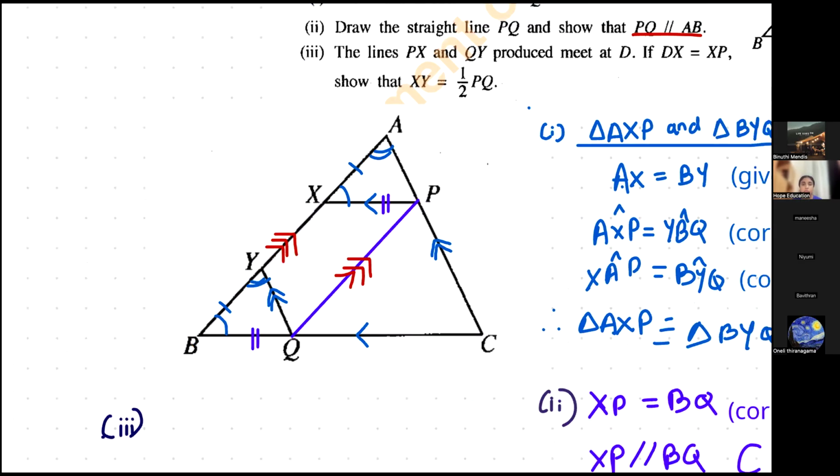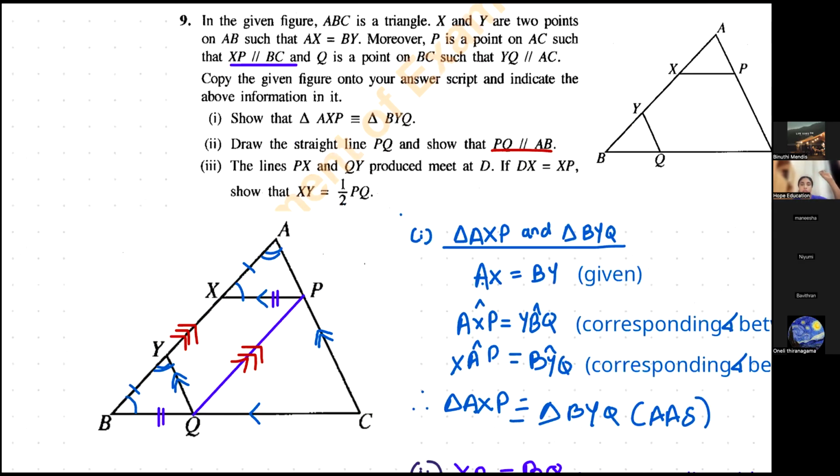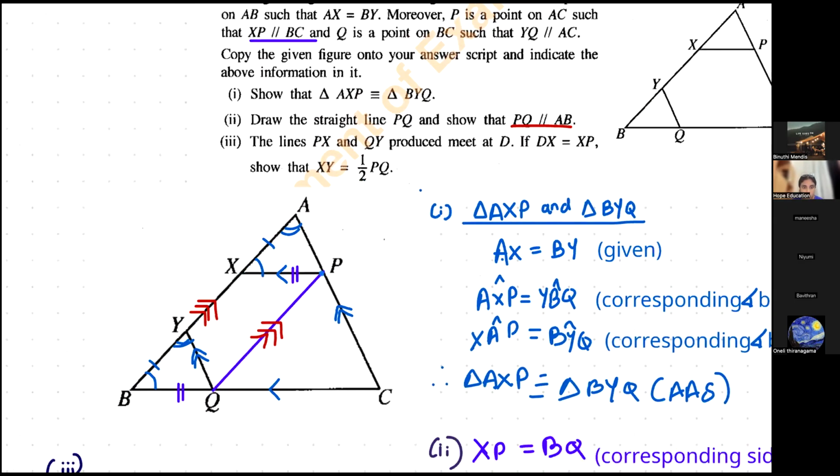PX and QY produced meet at D, which means we have to extend PX and QY. This is PX, so I will extend it like this. And this is QY, I will extend it like this. The point where they meet, we call it D.